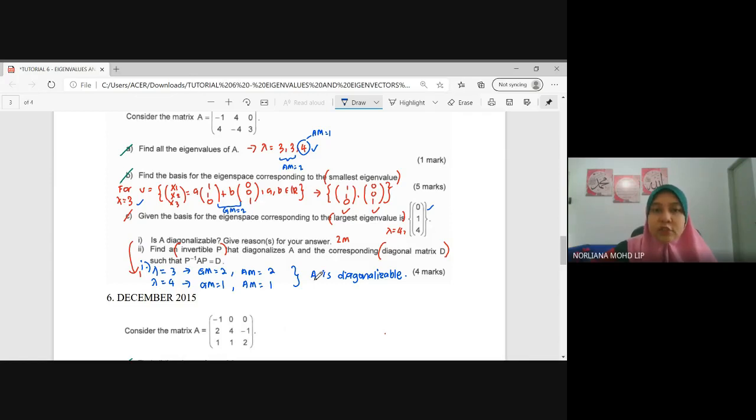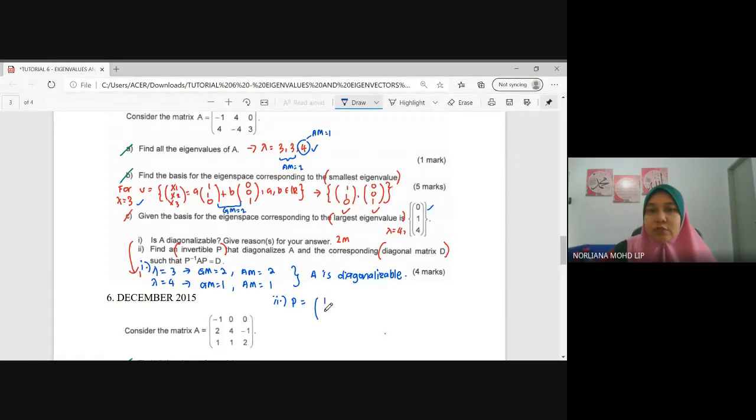So the combination of eigenspace lah. Itu ni. So combination of eigenspace awak salin je lah balik. Ni basis for eigenspace combination dia. Ni B ni awak dah cari ni kan.